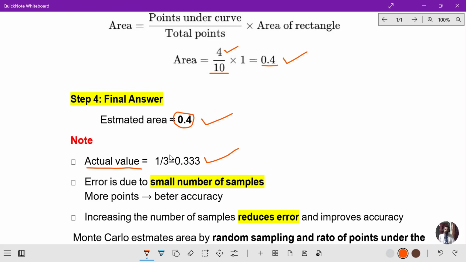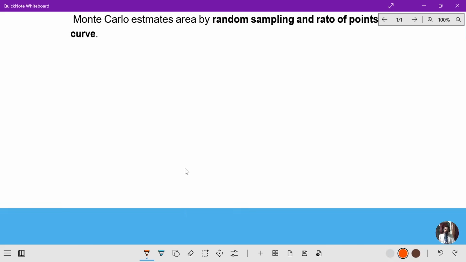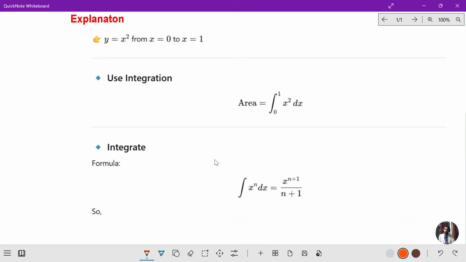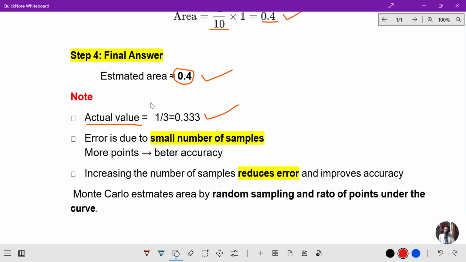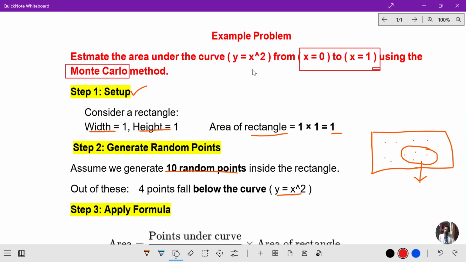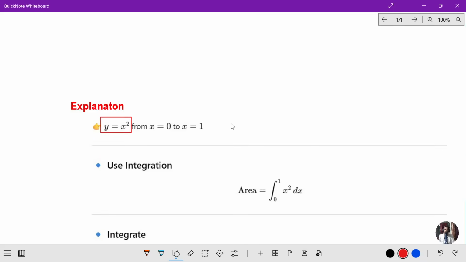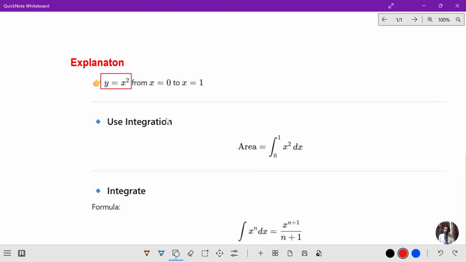How do we get this 0.33? You can observe it by using this mathematical equation. The equation is y is equal to x square, with two limits, x equal to 0 to x equal to 1.